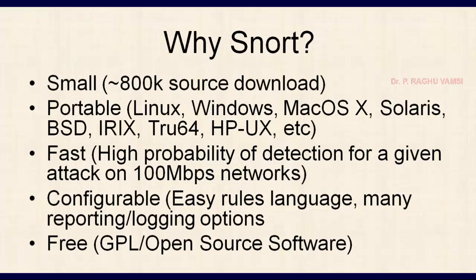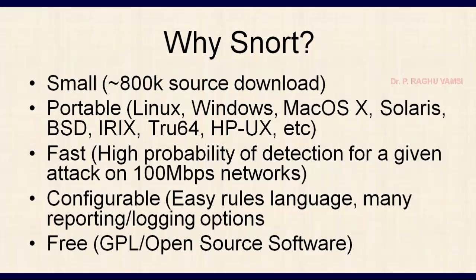And why are we going to choose Snort in our course? It is very small, less than 4 MB, and it is very portable and very fast. That means a high probability of detecting attacks even on 100 Mbps networks. But if it crosses gigabits, say 10 gigabits, then Snort may not perform that fast.